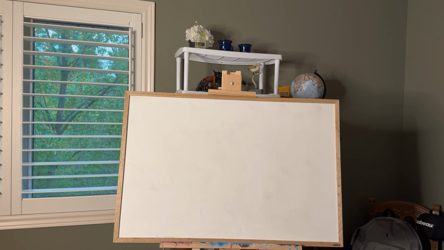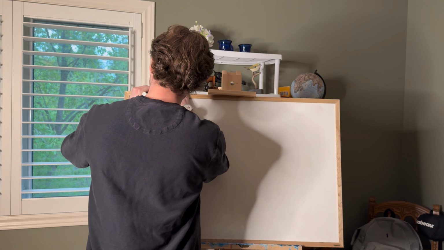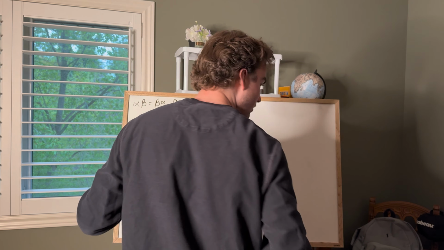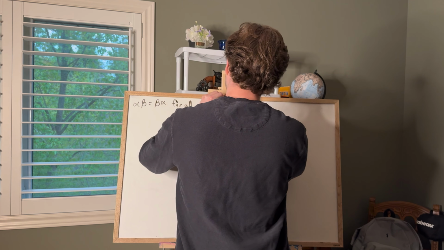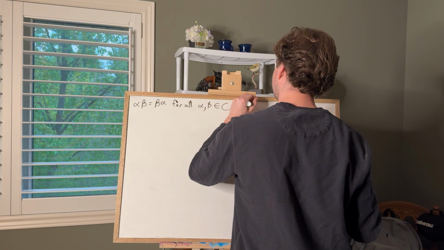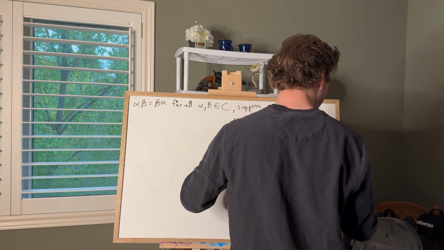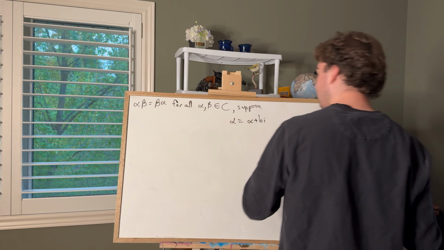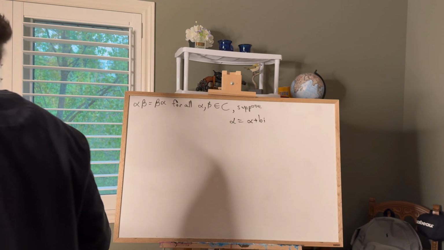So we're going to show that alpha beta equals beta alpha for all alpha, beta in C, and suppose alpha equals, oh nope, not alpha, it's close to being kind of correct.